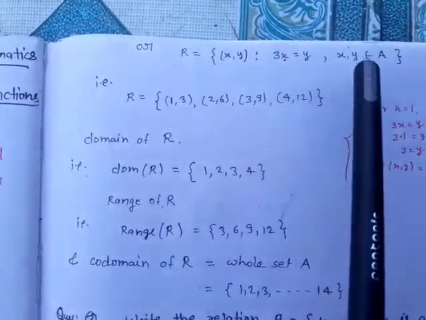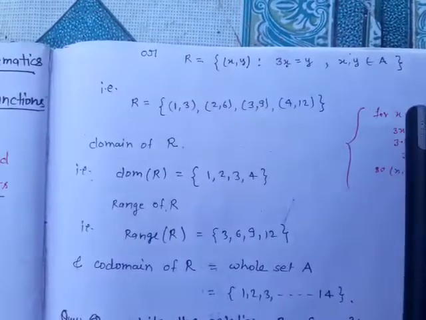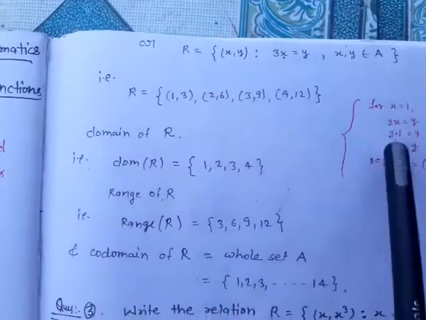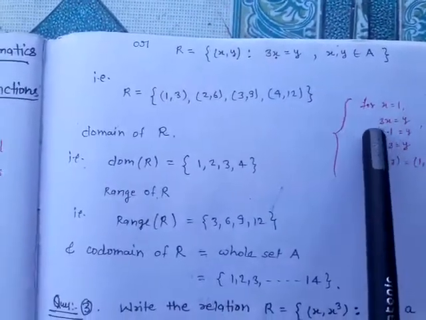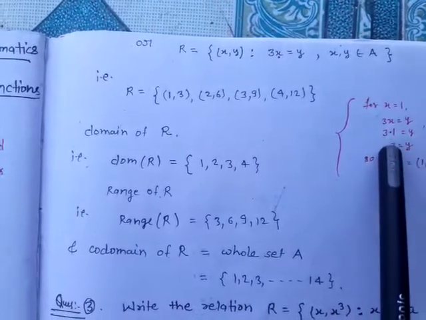Now we write the ordered pairs. We put elements of A, starting with 1 in place of x. For x equal to 1, 3x is equal to y, that is 3 times 1, that is 3, so y is equal to 3.